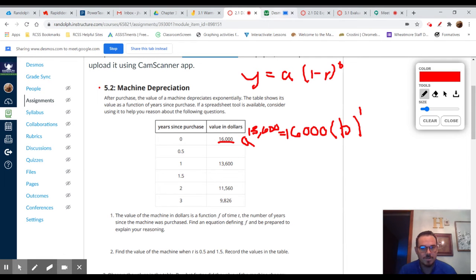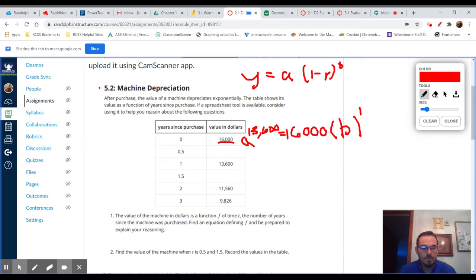That's going to take us to 13,600. So what you can do is divide both sides by 16,000. It's fun using a mouse to write. This is why I wish I had a pen. I'm not those guys from Khan Academy.